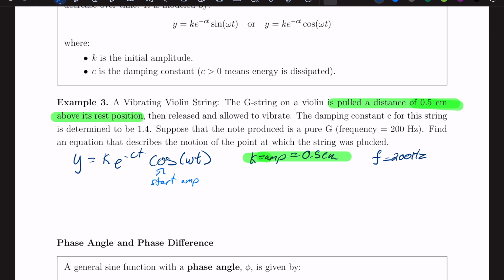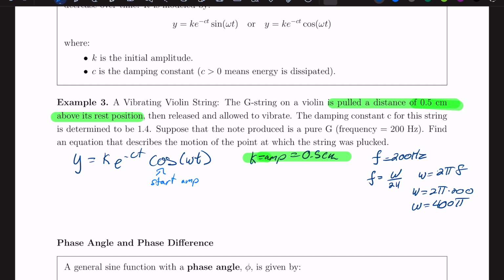And we know that just from right here. From there, I can get what omega is. So remember, frequency is equal to omega over 2 pi. So omega would equal 2 pi times my frequency. So omega would equal 2 pi times 200. So omega here is 400 pi. So we have what omega is.